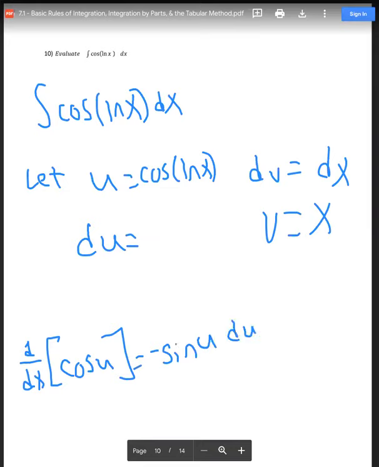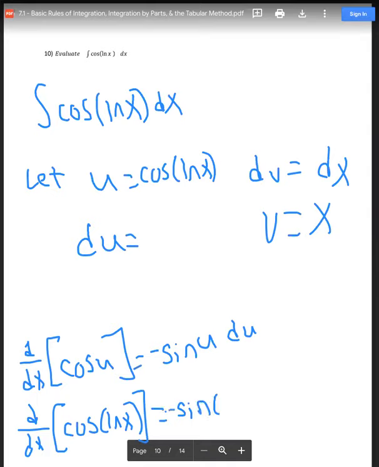So the derivative of cosine of ln of x is negative sine of ln of x du. Remember, we have to do the derivative of the inside. So it's 1 over x dx. 1 over x dx. So remember that.